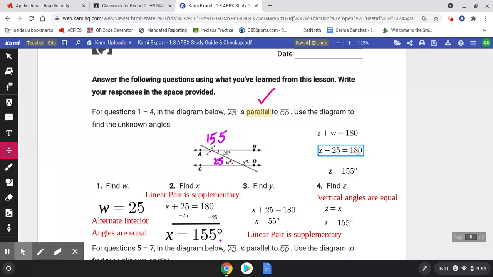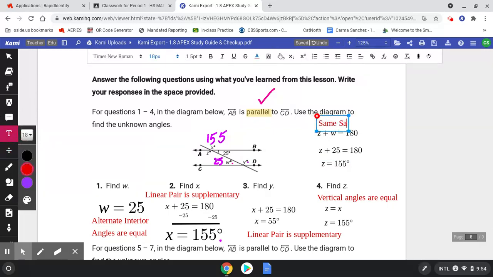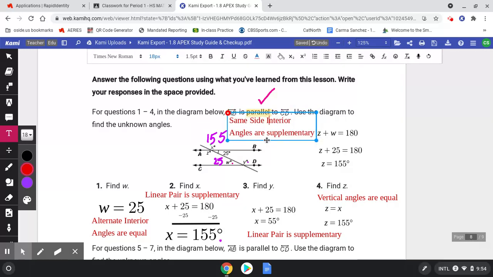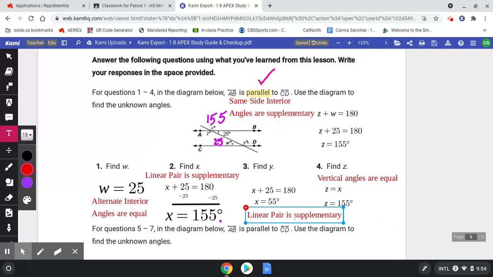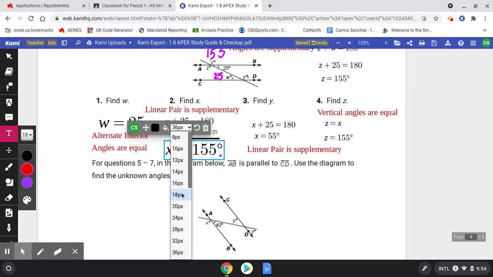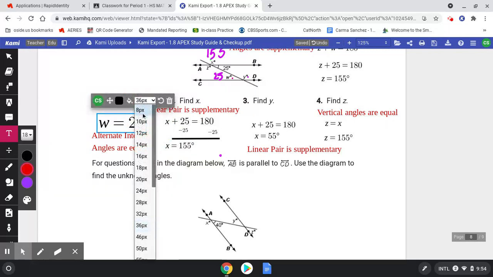So this gets us the same answer as we just had, but the method we used for this one is same side interior angles are supplementary. So to me, the vertical angle seems a bit more of a direct route. So that's why I like the vertical angles are equal, but both of those would work depending on how you saw it. Okay, so far those are our 4 answers. Let's go down here and see what they're asking us next.